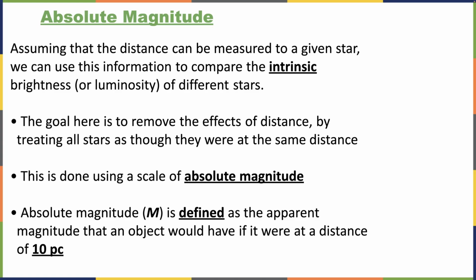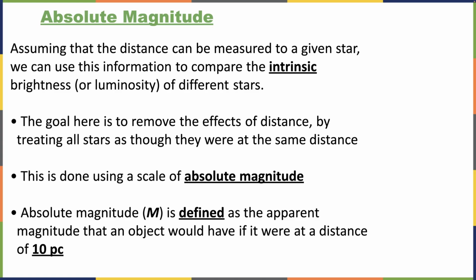Now we should have a question. What we have learned up to now is measuring the apparent brightness of a star, the apparent magnitude. This is okay, but there is still a problem, right? Because when we need to compare the brightness values of two stars, apparent brightness is not the best way to compare them.